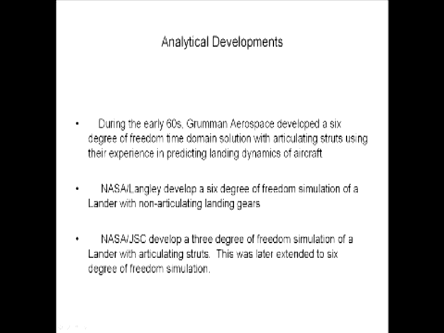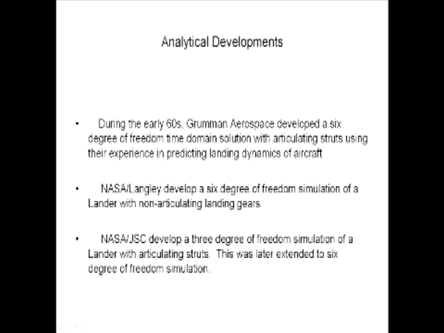They essentially had a time domain solution for aircraft landings, and they just modified their aircraft lander to the lunar module. It had 6 rigid body degrees of freedom: the CG, 3 translation, 3 rotation.